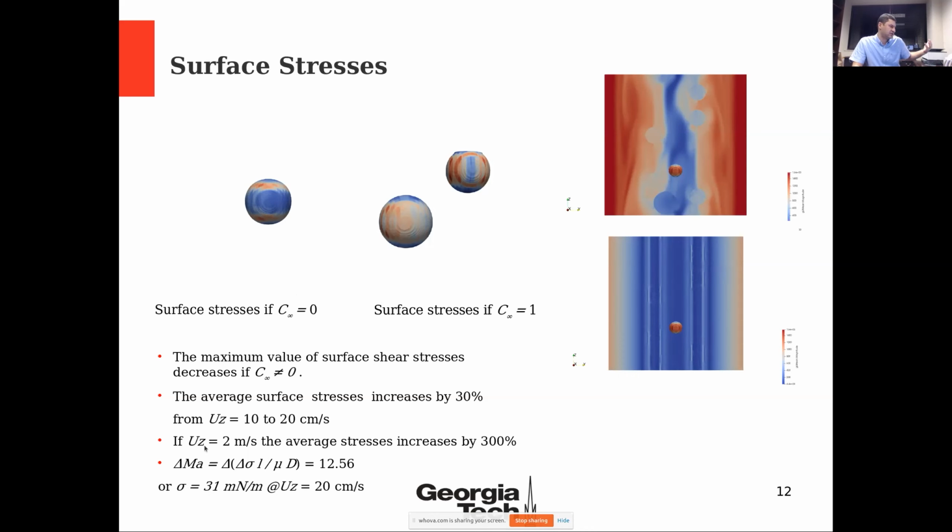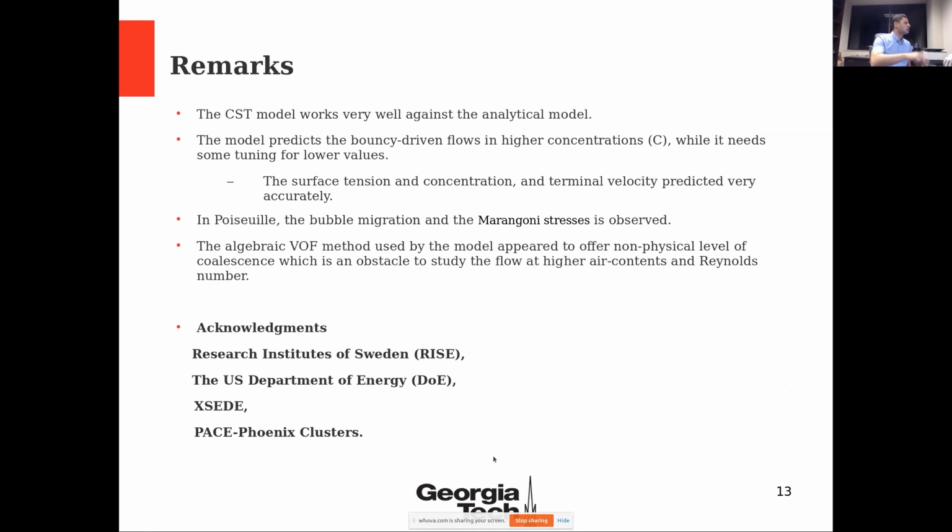And when we increase it to a way larger case, 2 meters per second, here it is in centimeters per second, the stress increases by 30%, which is a huge effect. So in general, my remarks: the model proposed by our colleagues works very well, it corresponds very well with the analytical solution. It works very well for high concentration.